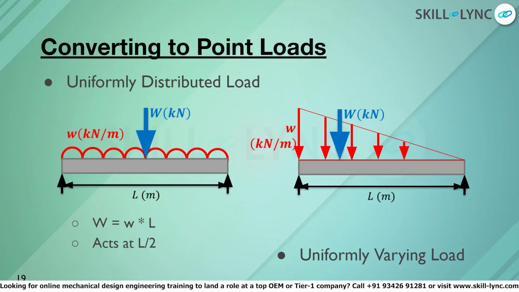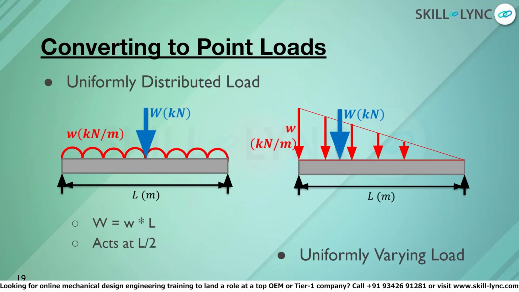Similarly, for the triangular uniformly varying load, we take the area of the load triangle, that is load per unit meter or kilonewton per meter, multiplied by the span L multiplied by 1 by 2. We do this because we know that the area of a triangle is half of length into height.